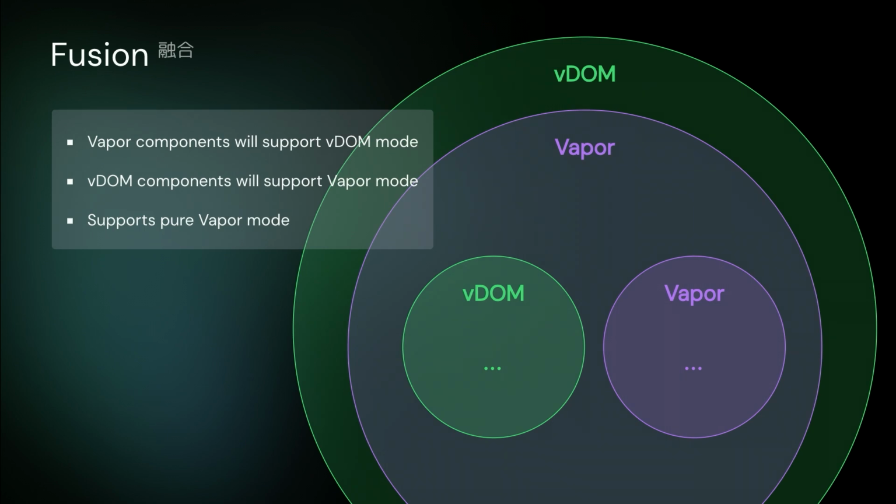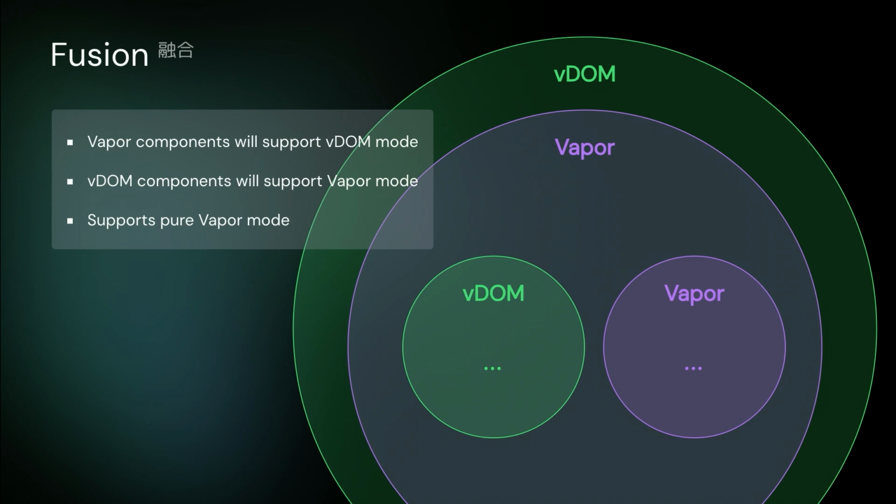The answer is not necessary. Vapor components will be compatible with VDOM mode and vice versa. Of course, it will also support a pure Vapor mode. This allows for a smoother transition without needing to switch everything into Vapor at once.